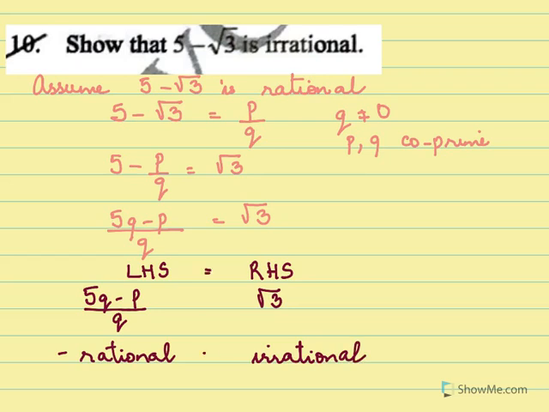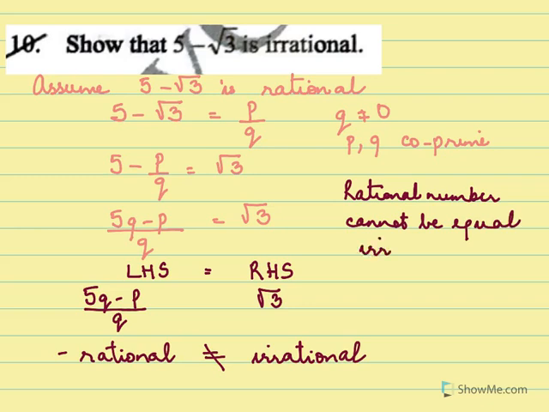And they are equal, but we know rational and irrational cannot be equal. So we got into this contradiction. We know a rational number cannot be equal to irrational.